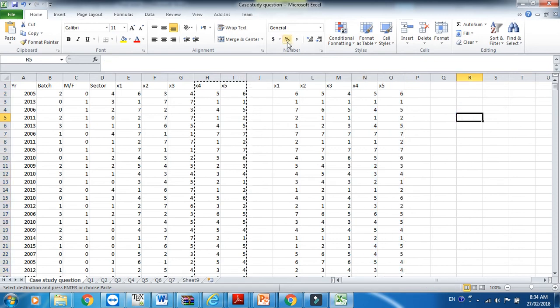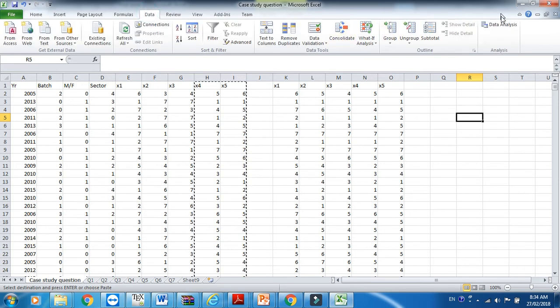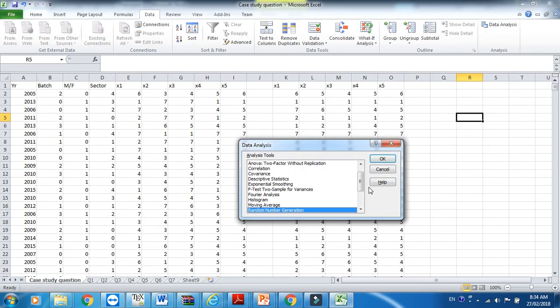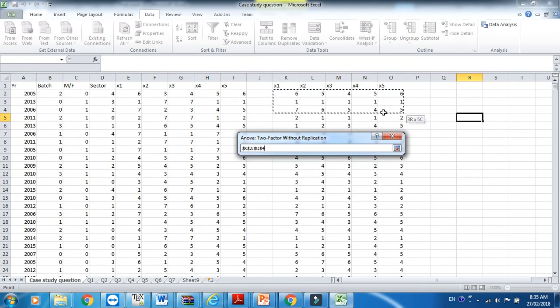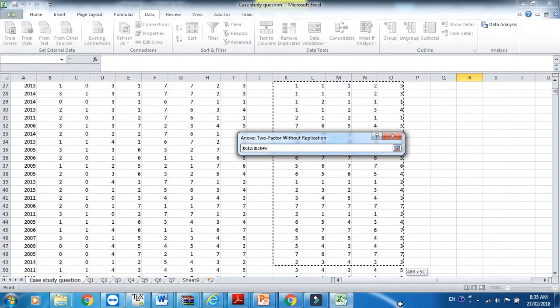Now I can calculate Cronbach's alpha for these questions to check their consistency. I'll go to data analysis and choose ANOVA two-factor without replication. For the input data, make sure that you do not select the labels.